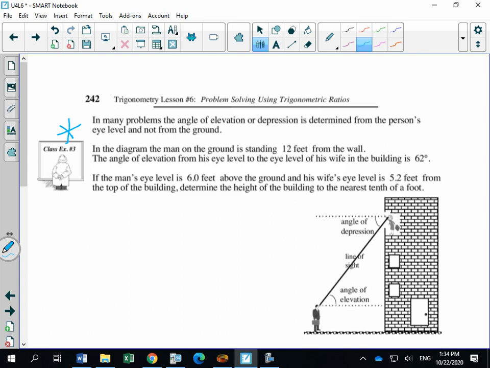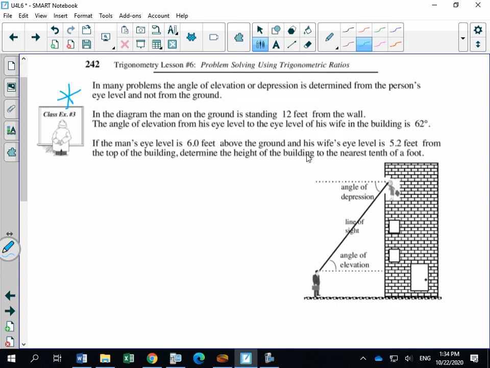All right, so let's actually start in the second sentence here. In the diagram, the man on the ground is standing 12 feet from the wall. So put the 12 in. So that guy would be 12.